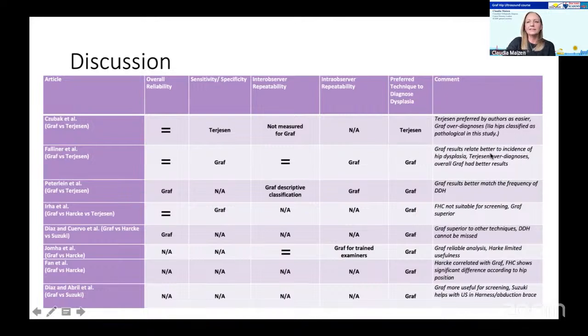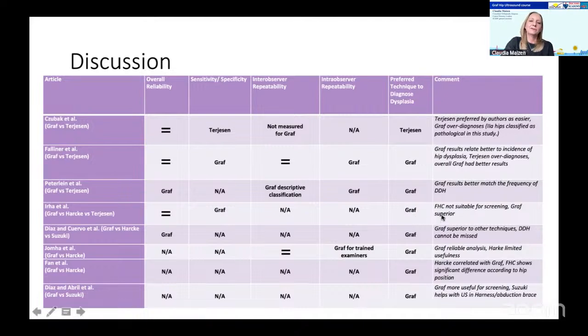In the other studies, just to quote, Graf results are related better to the incidence of hip dysplasia in Central Europe, and the Thiersen method overdiagnosed in comparison to the Graf method, and they found better results in their cohort with the Graf method. Another study suggested better results, better matching the frequency of DDH.